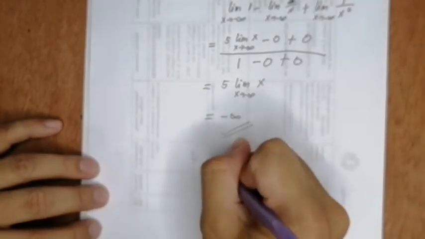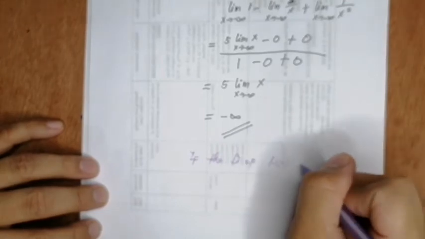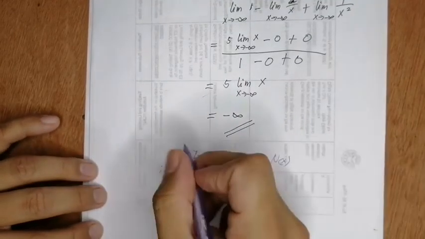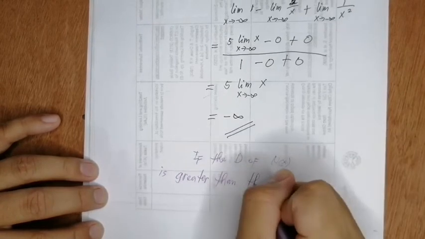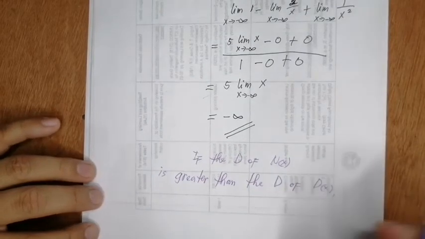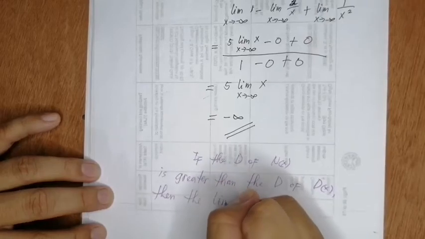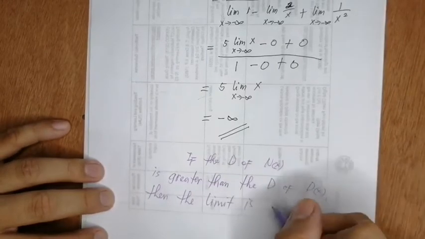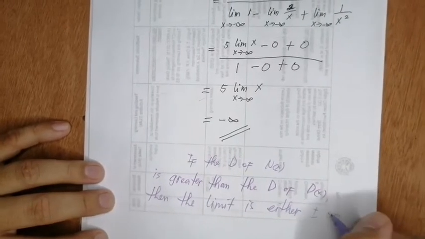If the degree of the numerator n of x is greater than the degree of the denominator d of x, then the limit is either positive or negative infinity.